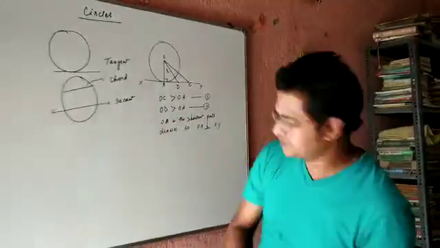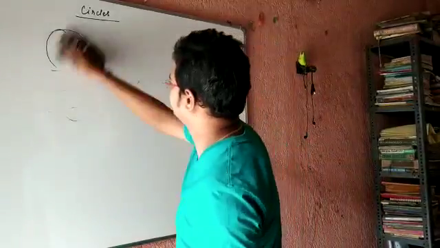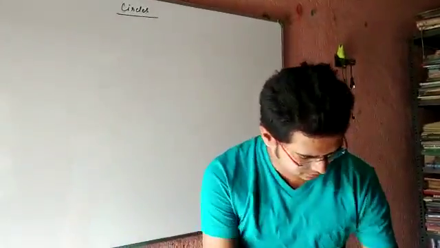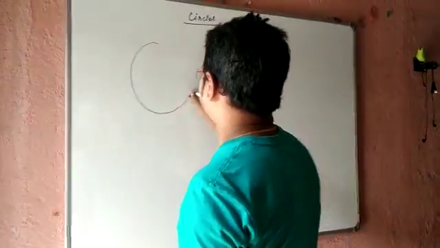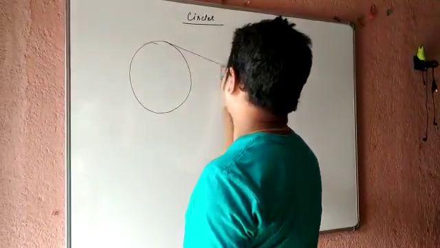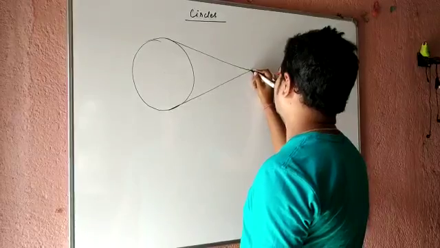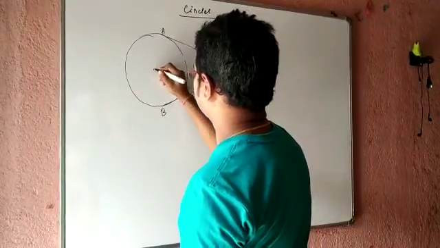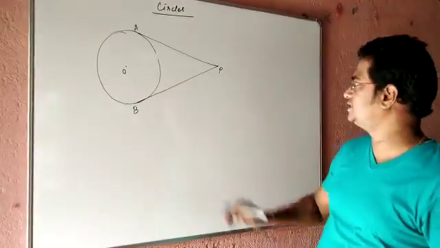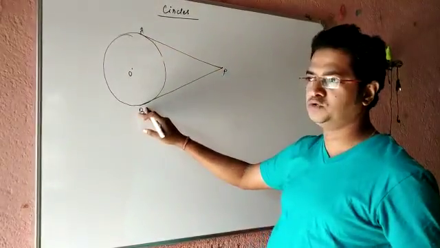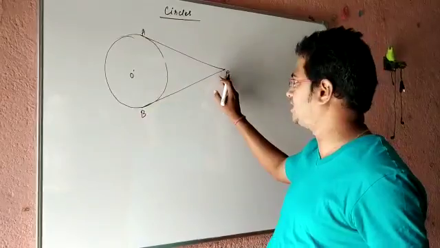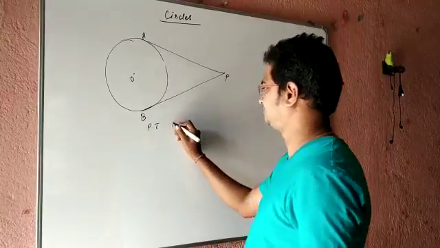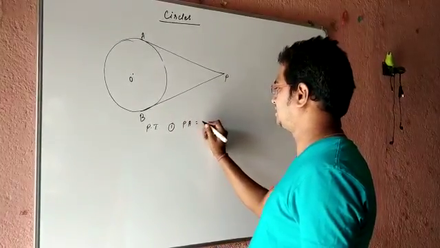Now let us discuss the second theorem. Here in this diagram, you can see that PA and PB are two tangents drawn from the external point P. So here we are going to prove that PA is equal to PB.